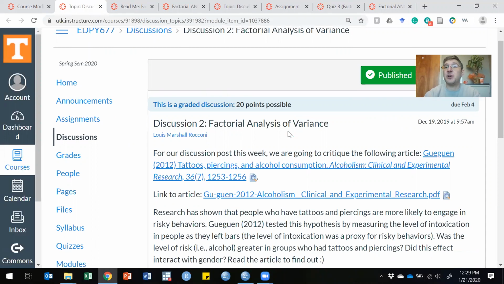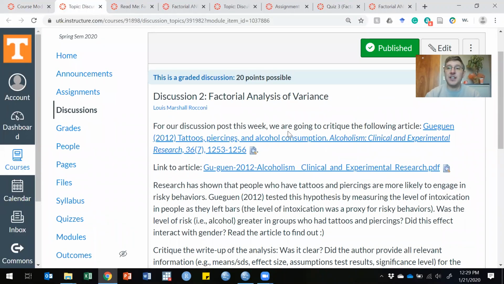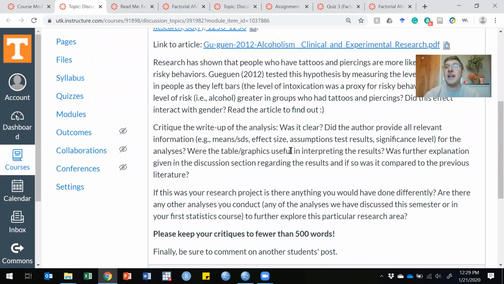For this week, we're going to critique an article that uses factorial analysis of variance. You can click on this link or this one to download the article. You could view it in here too if you wanted to. Basically, I want you to critique the write-up of the results section. Was the write-up of the analysis clear? Did the author provide all the relevant information for the analysis?